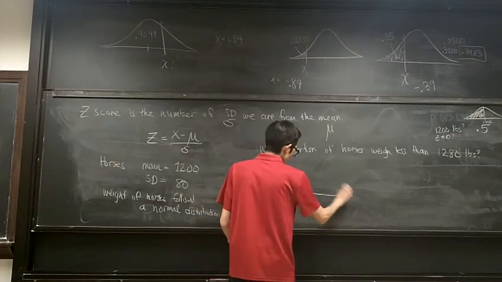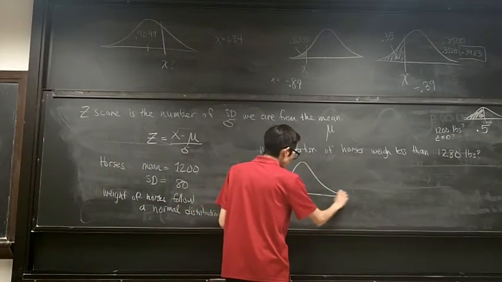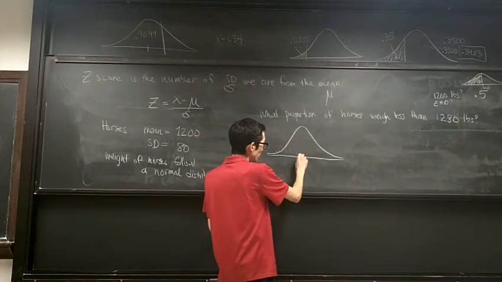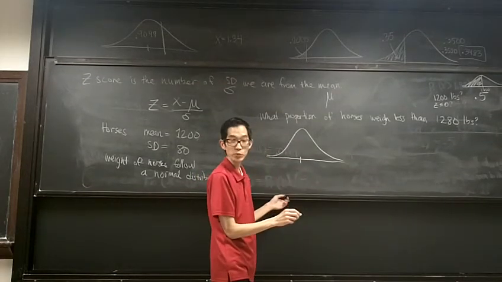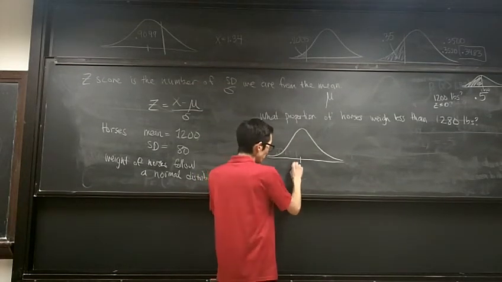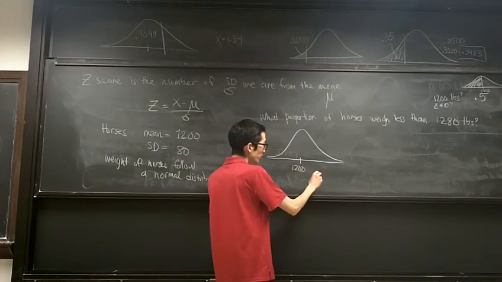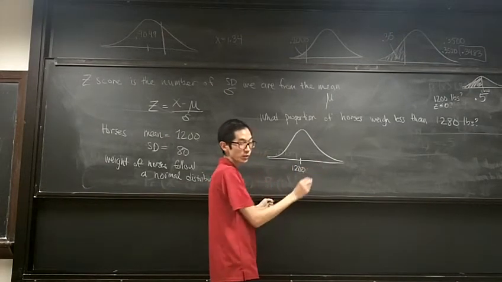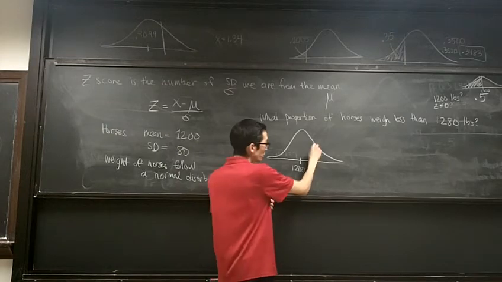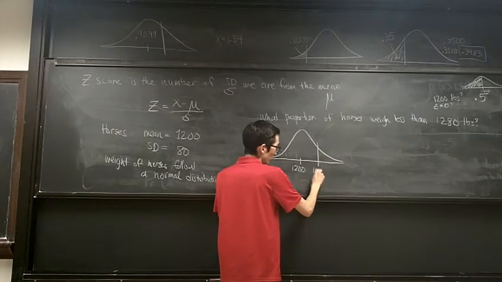Alright, so in this picture, what weight goes right in the middle? 1,200. And am I above or below 1,200 where I'm drawing my line?